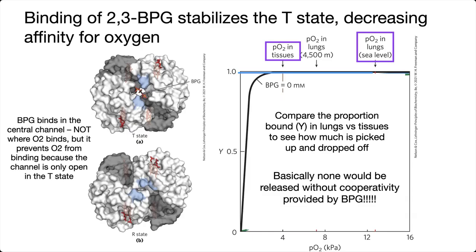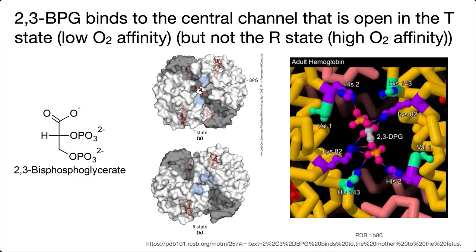And so when the T state is open, it can bind, and then it kind of locks it into that T state. It stabilizes that T state. Remember that 2,3-BPG had those negative charges. And when we have negative charges, the best interaction we could have with them would be a positive charge. That would give us an ionic bond, one of those salt bridges. And in a protein, where can you find positive charge? Well, that would be our basic amino acids.